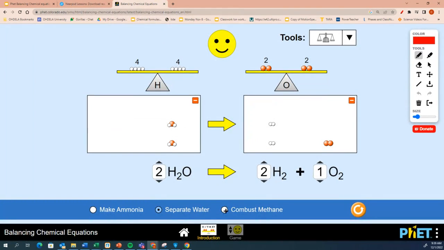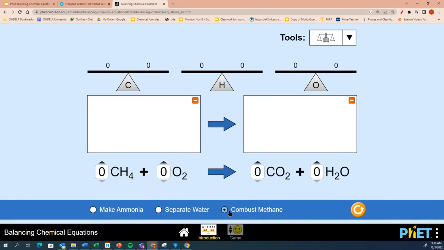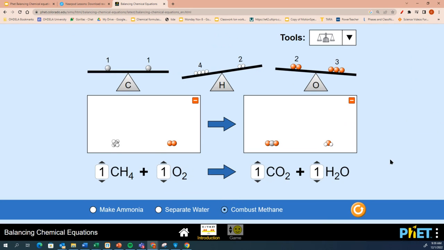All right, so combustion of methane. Remember, start off with 1. You can play around with these as much as you want until you get the right amount.